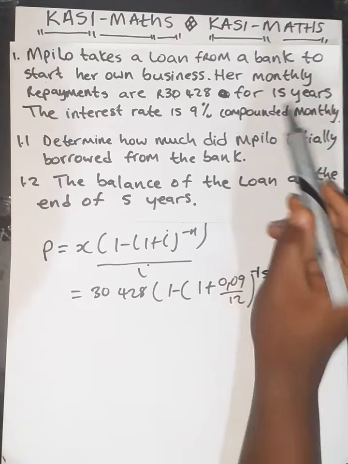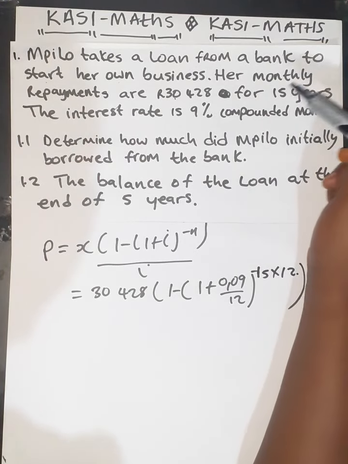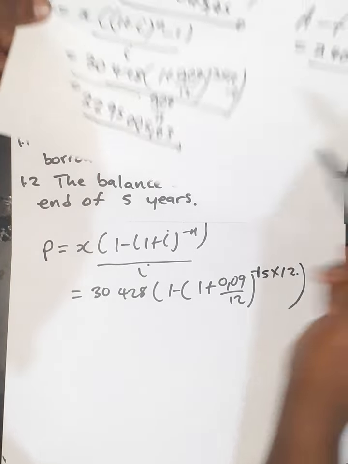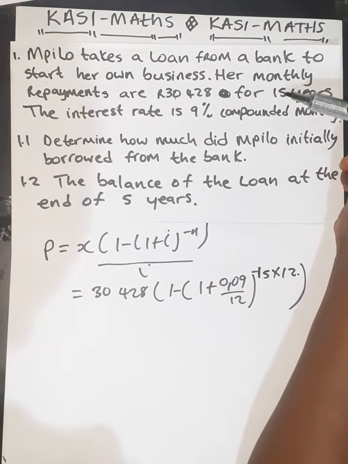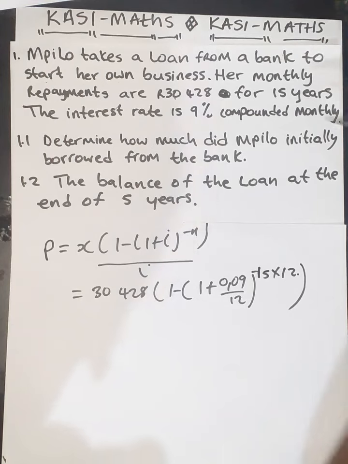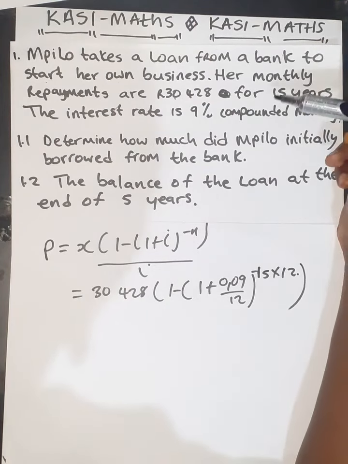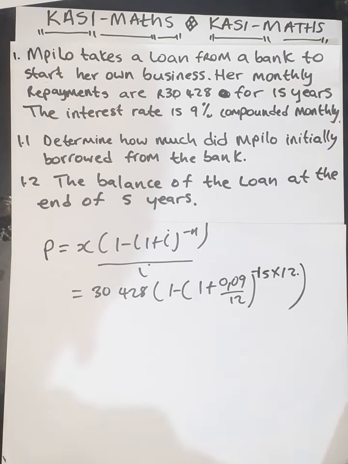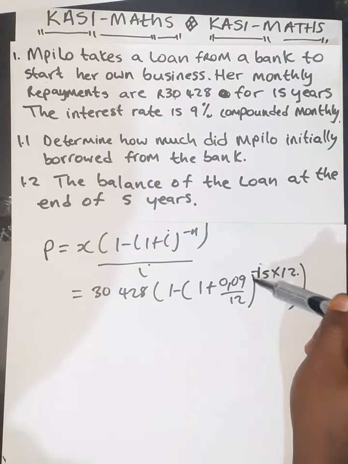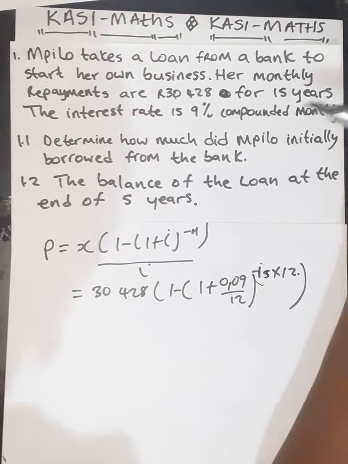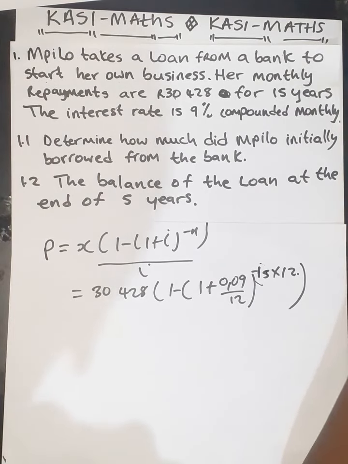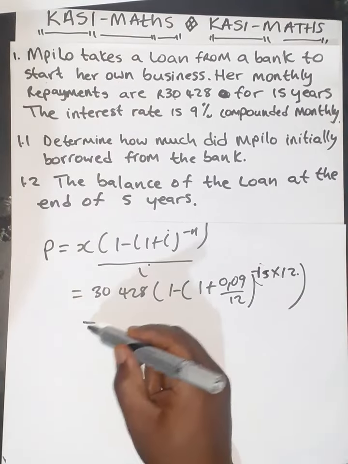So if they ask for the outstanding balance after 10 years, we use the remaining years, which is 5 years. If they want the outstanding balance after 12 years, we put 3 times 12, for 3 years, because 3 years remain to make up the 15 years.